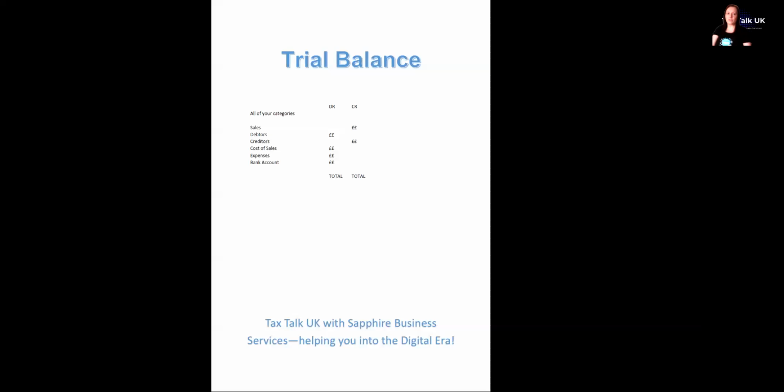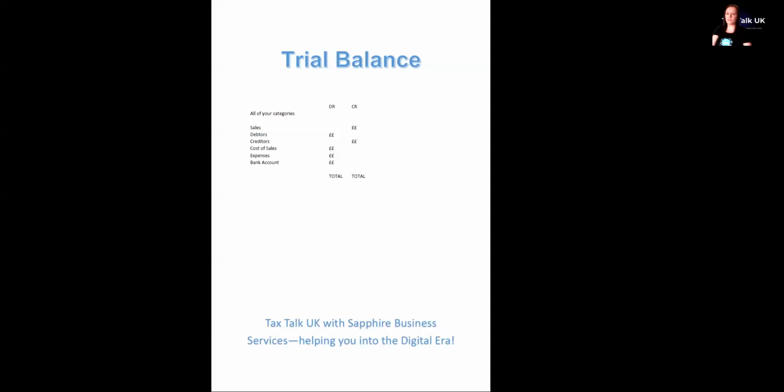Your profit and loss and your balance sheet are produced from your trial balance, which the software automatically develops from the categories that you assign to each of the transactions. So every time you enter a sales invoice or a purchase invoice, your software will automatically adjust the balance in the debtors and the creditors.